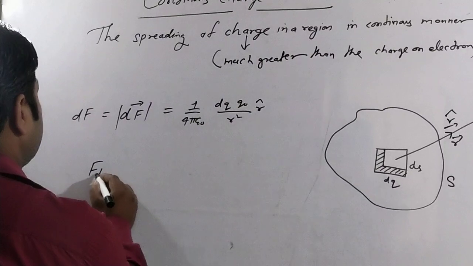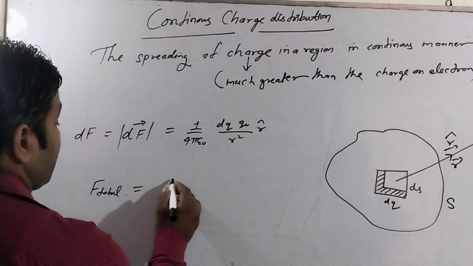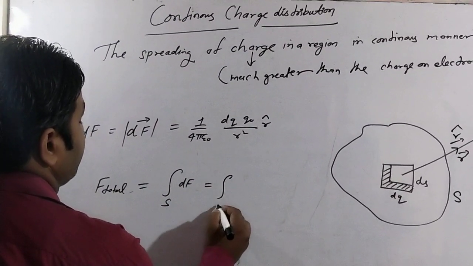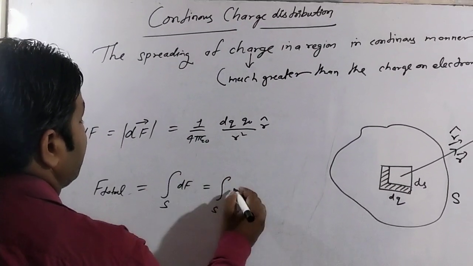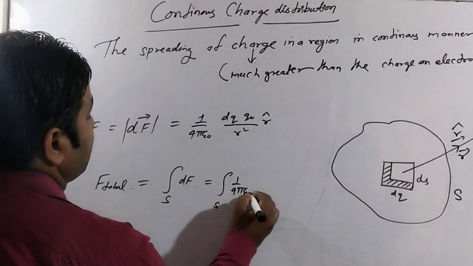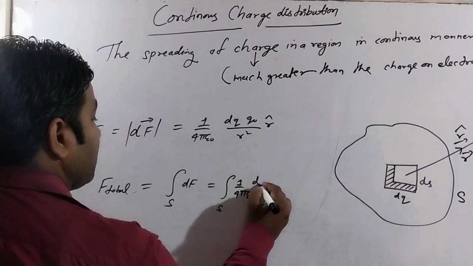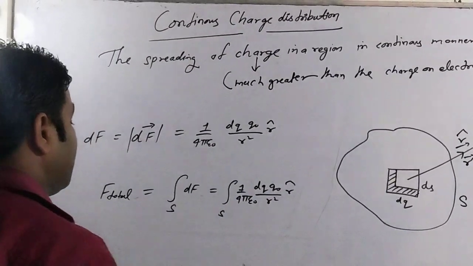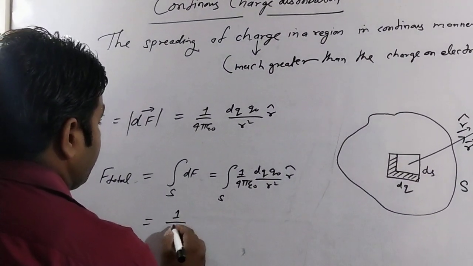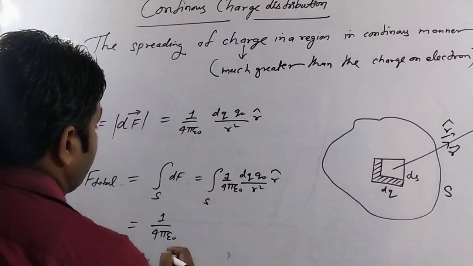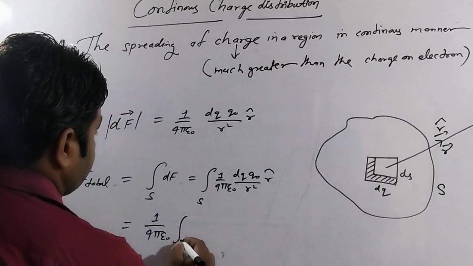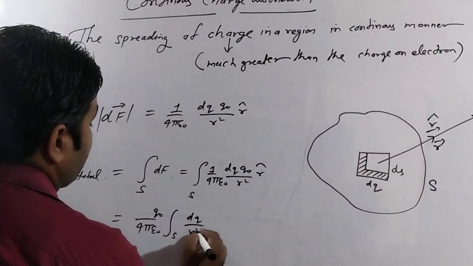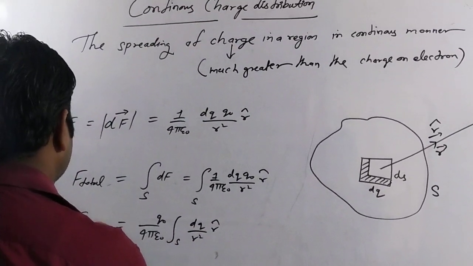Then F total is equal to the integration over the whole surface of dF, which is 1 upon 4 pi epsilon naught dq q naught upon r square r cap, that is equal to 1 upon 4 pi epsilon naught q naught integration dq upon r square r cap.